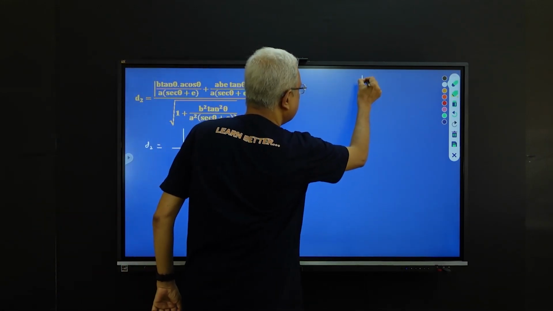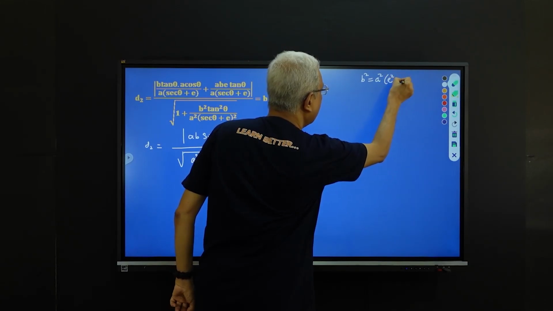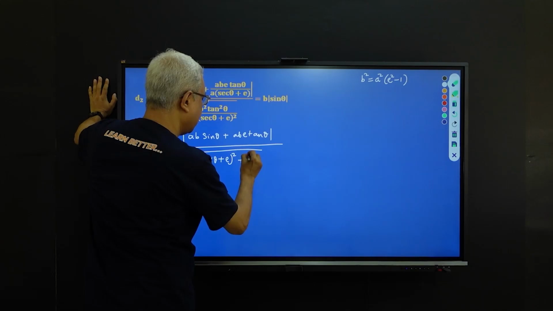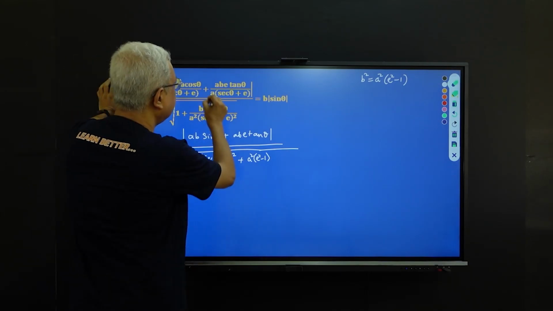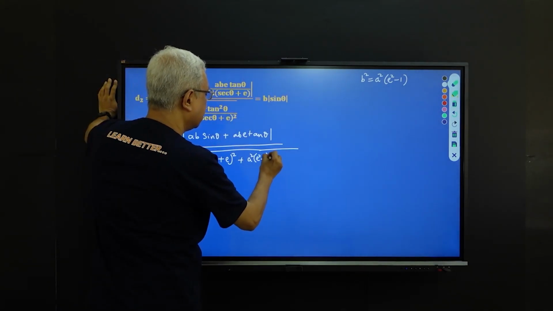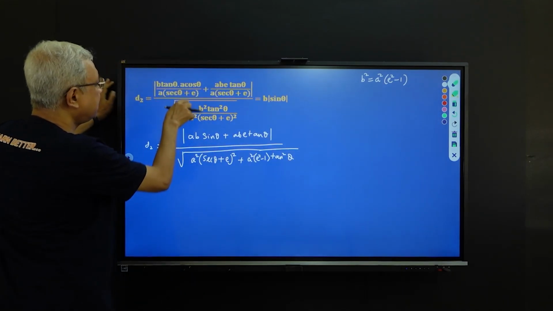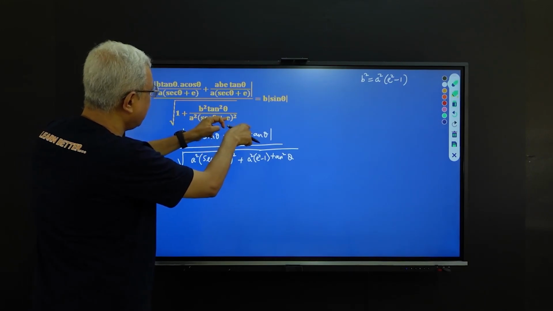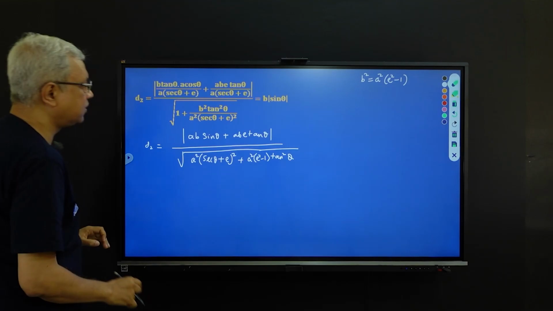B square is again a square e square minus 1 tan square theta. So this term, a sec theta plus e, here mod a sec theta plus e, and here root over a square sec theta plus e whole square, they cancel each other, so I am left with this expression.